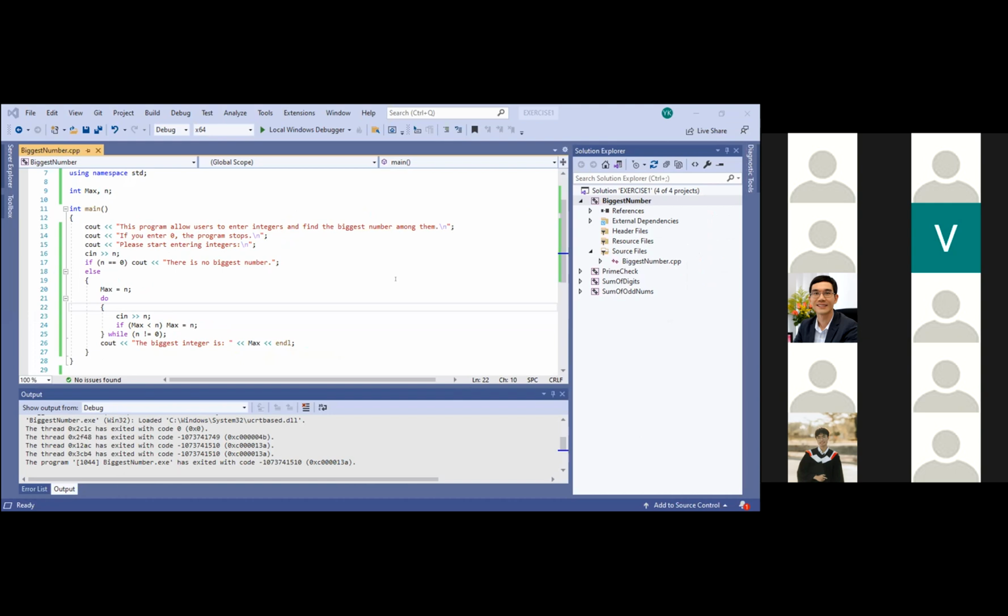So look at this work. cin into n. If max is smaller than n, update the n. And if n is 0, cout no biggest number.